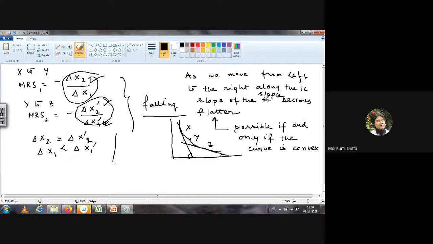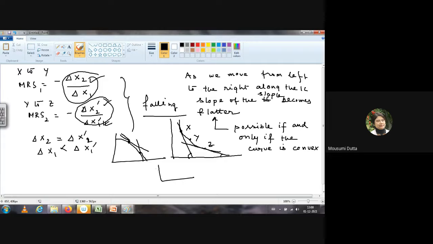Now if I consider a concave curve, as we move from this direction to this direction, I hope you are understanding the slope will be steeper and steeper.